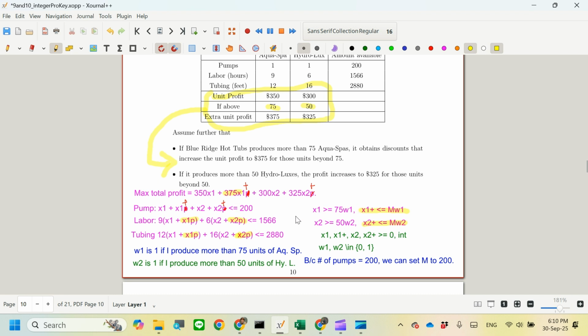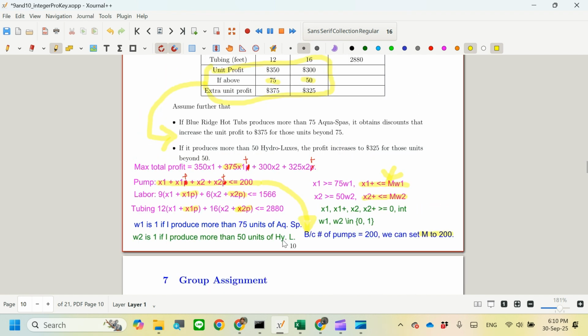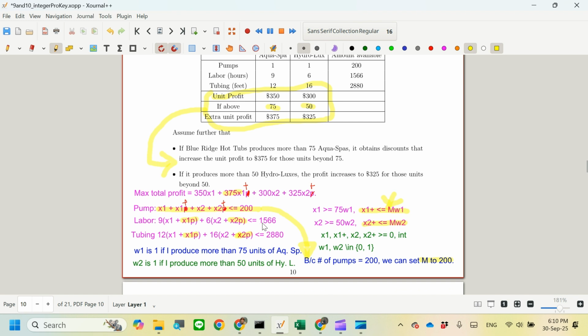So this formulation is actually working. And then we also want to find a nice value for the M, and because we have a total of 200 pumps, these constraints make sense if we set M to be 200. Okay, so we can solve this problem in Excel.